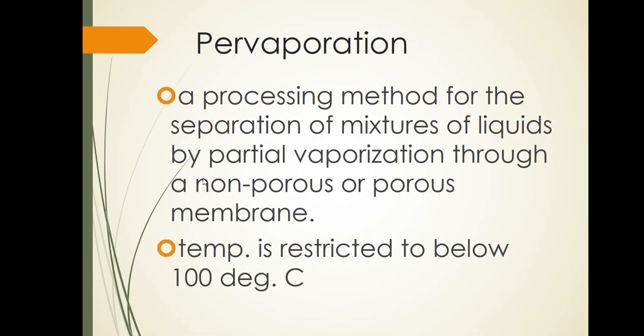Now we go to pervaporation. From the term, there's a process of vaporization, a processing method for the separation of mixtures of liquids by partial vaporization. You partially vaporize a portion of your liquid through non-porous or porous membranes. In this case, either of the two classifications of membranes can be used.